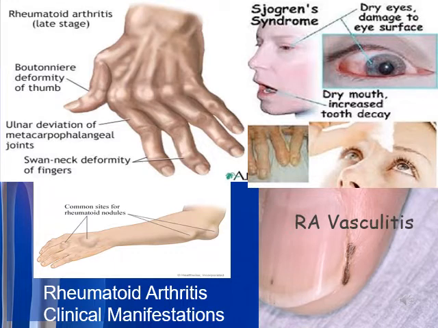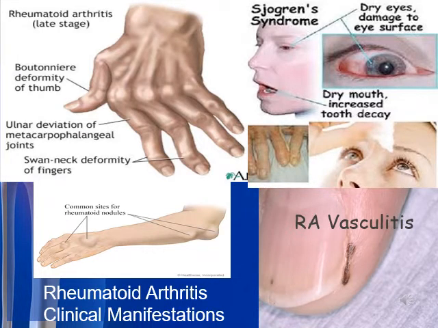Again, you can see the obvious contractures in late rheumatoid arthritis where they have significant deviation of how the hand is supposed to be situated, and certainly can affect their range of motion and their pain.